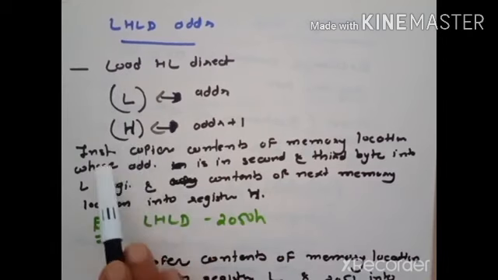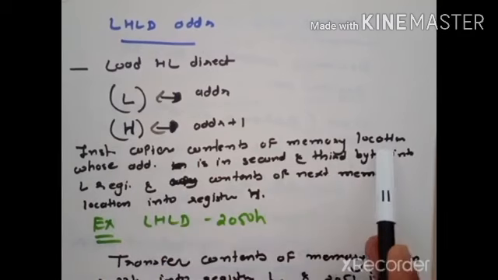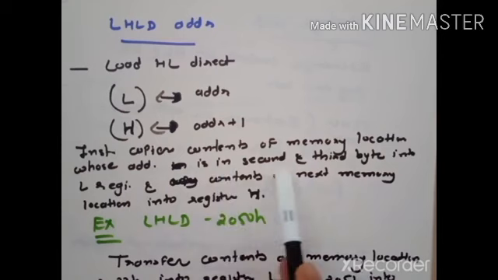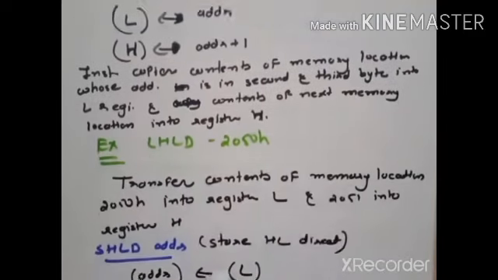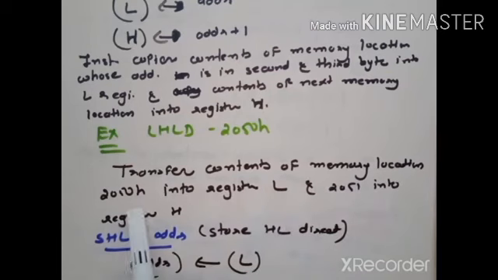That means this instruction copies content of memory location whose address is in the second and third byte into L register and content of next memory location into register H. So example LHLD 2050. So this instruction transfers content of memory location 2050 into register L and content of 2051 into register H.